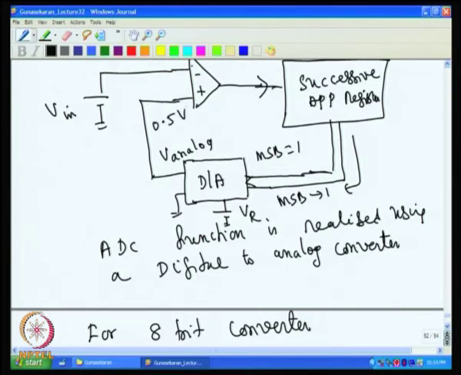So, the successive approximation starts its operation by outputting the MSB alone as 1 and all the other bits as 0. The DTA converter responds by putting out 0.5 volt. Now, the comparator responds depending upon whether the input is higher or lower.